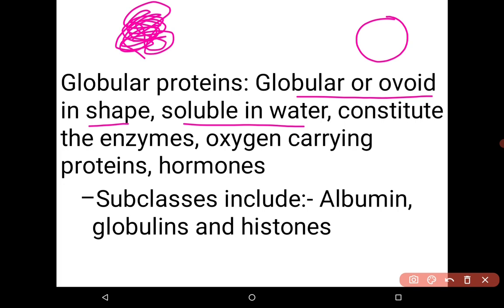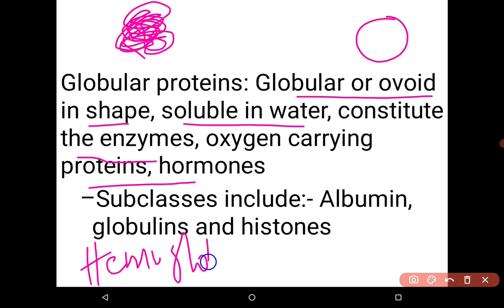They make up most of the enzymes, and also oxygen-carrying proteins and hormones. Oxygen-carrying proteins here means hemoglobin. Also, under globular proteins you have other proteins like albumin, globulins, and histones, because based on their shape, they are globular.